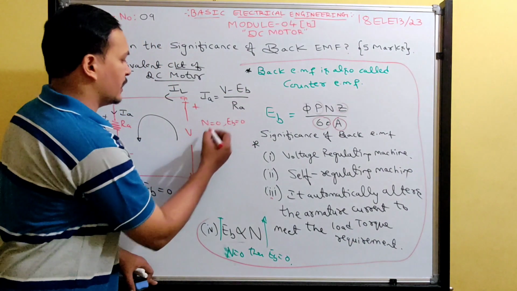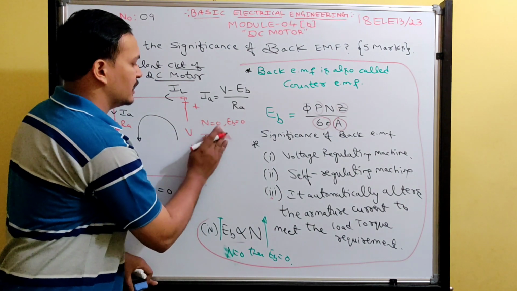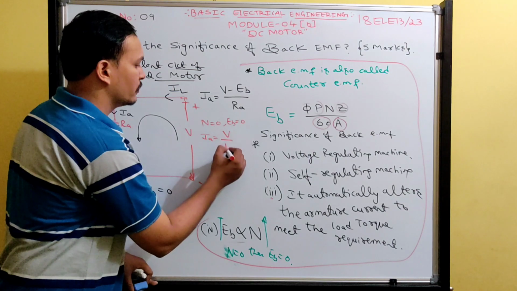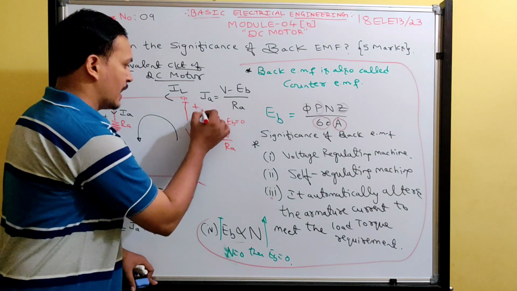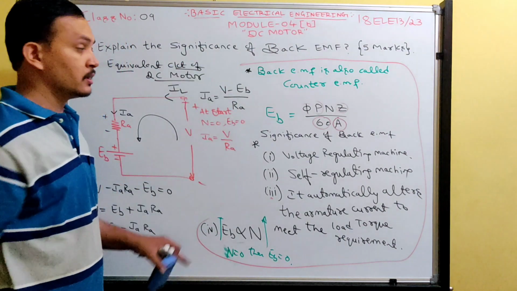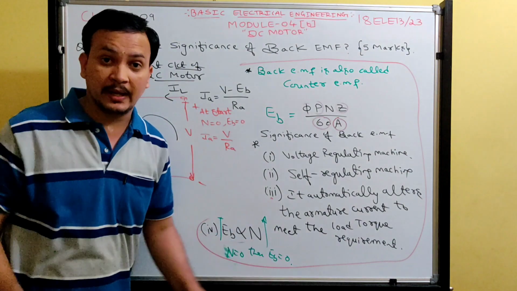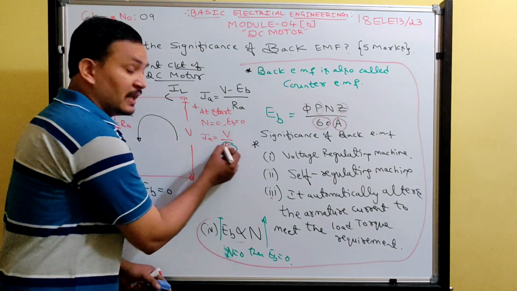So then what happens? Your armature current will become IA is equal to V by RA. So what is this condition? At the moment of start, your back EMF will be 0 because there is no speed. Now, armature resistance is very less.